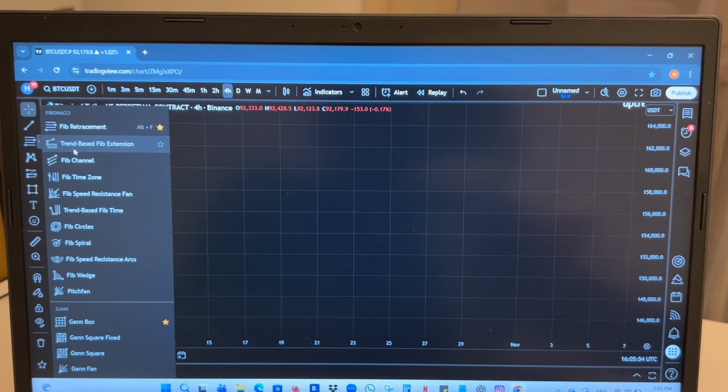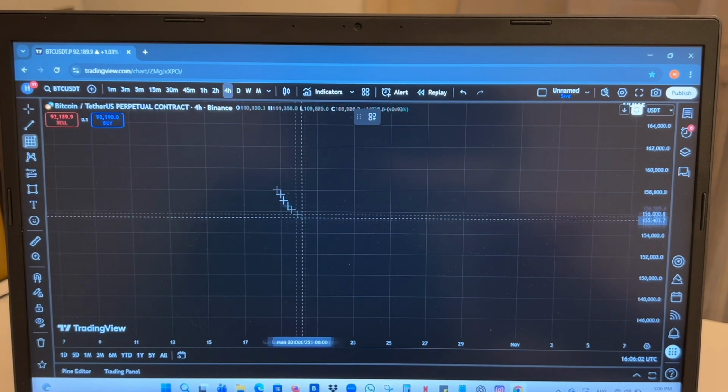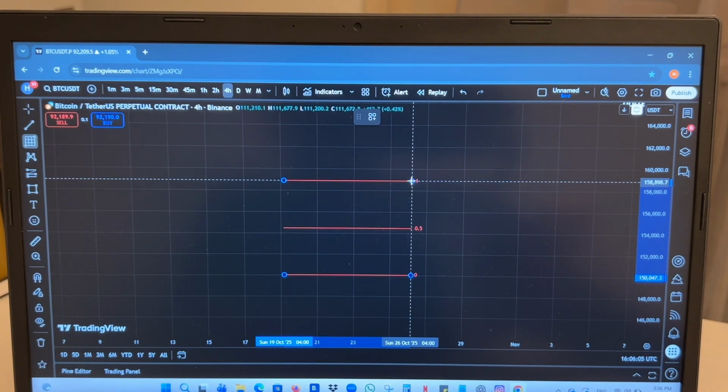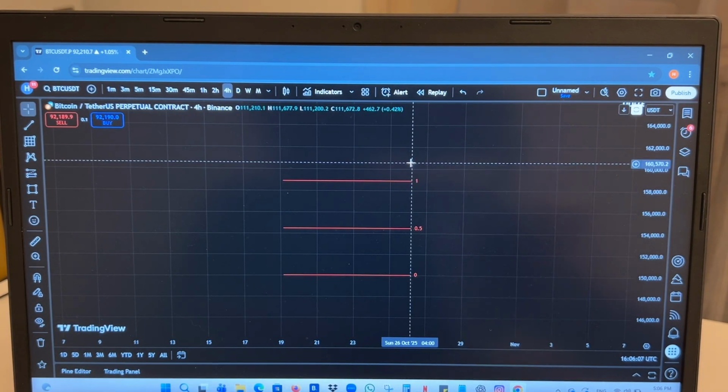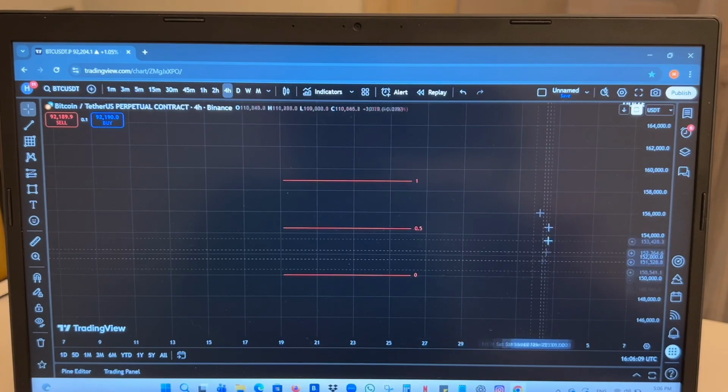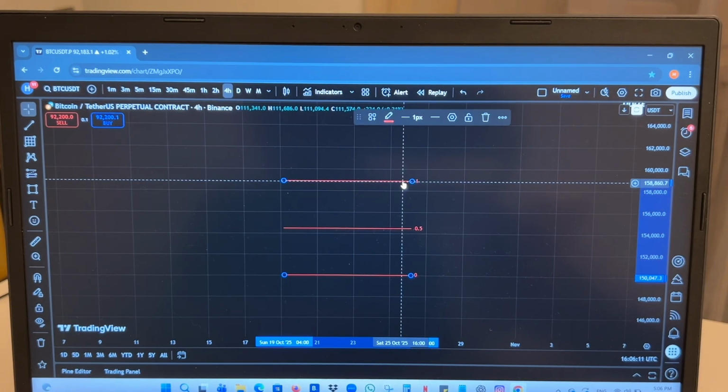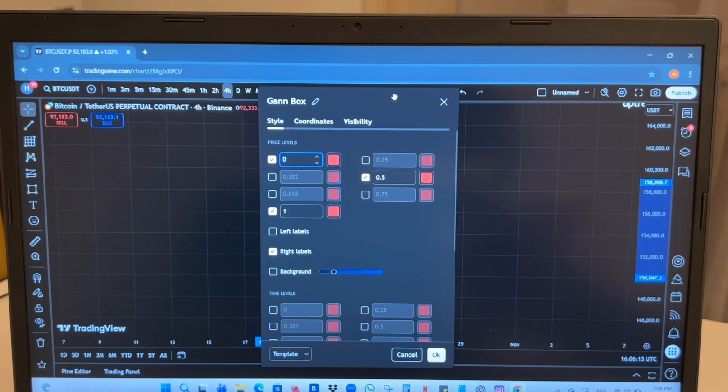Let's talk about the Gann Box tool. A lot of people use it incorrectly, but I'll show you the settings right now. Let's go to the tool itself. So right now, this is the tool I'm going to use with these settings. Let me show you the settings as well. So there you go, this is the settings.